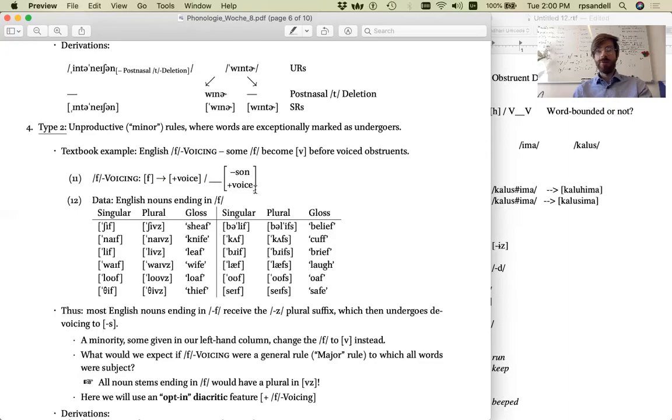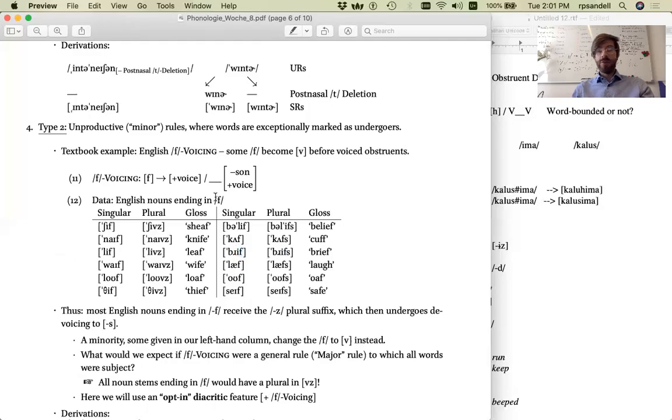But not all nouns undergo this. So words like laugh or safe have a plural form with s. There, the underlying z is subject to obstruent devoicing, and nothing happens to the underlying f.